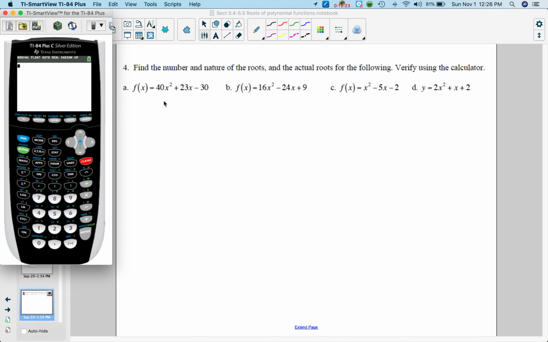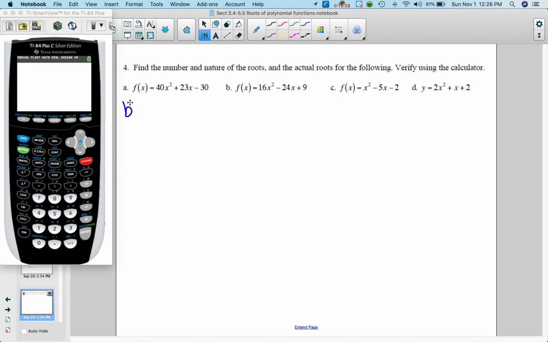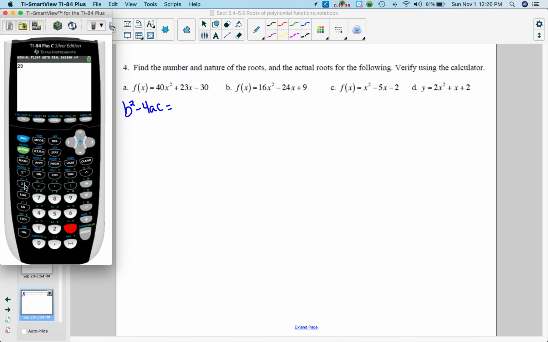So for that first one, if we take a look at b squared minus 4ac, then we are taking b squared, so 23 squared minus 4 times 40 times -30.